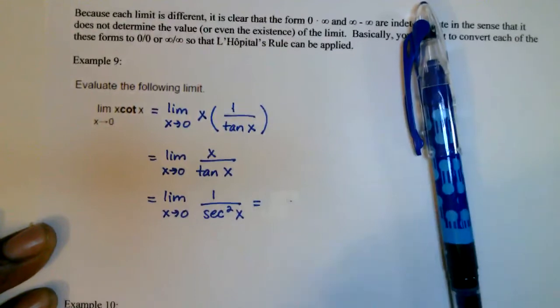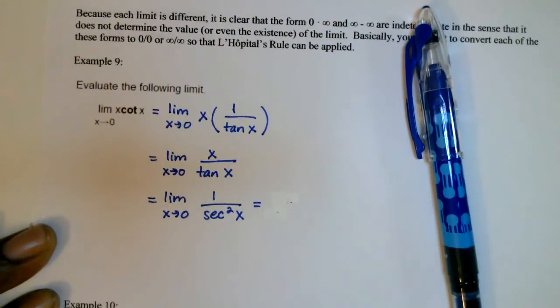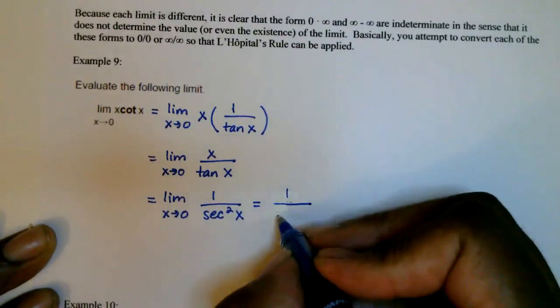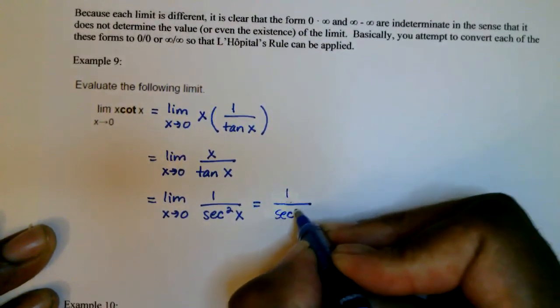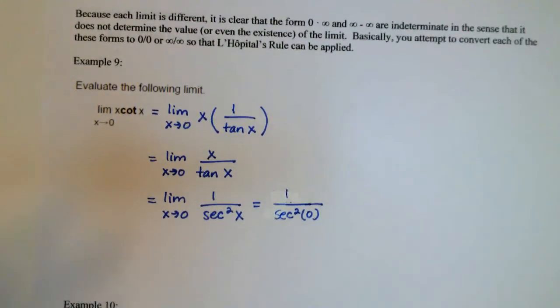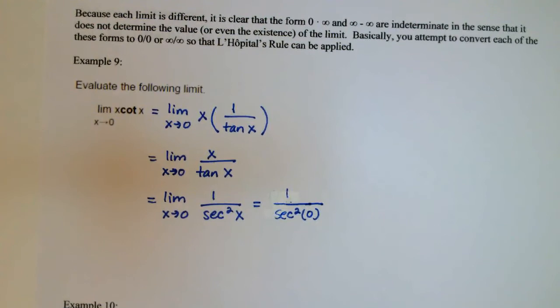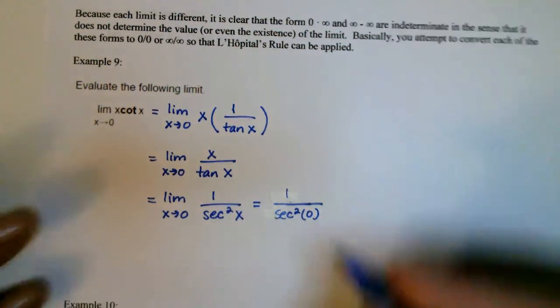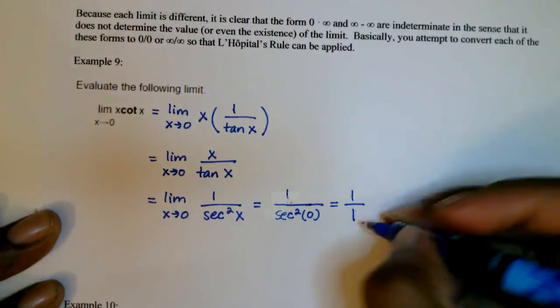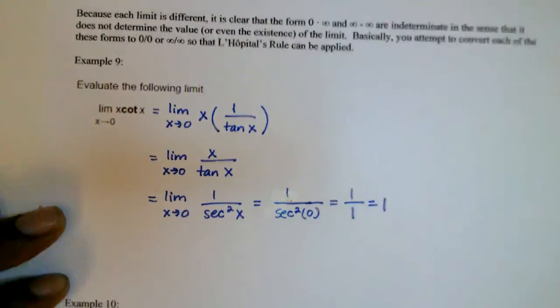So I'm going to have a 1 in the numerator over secant squared of 0. And if you recall, the secant is always 1 over the cosine. Cosine of 0 is 1, so that means that the secant squared of 0 will also be 1. So I have 1 divided by 1, and that's going to end up being 1.